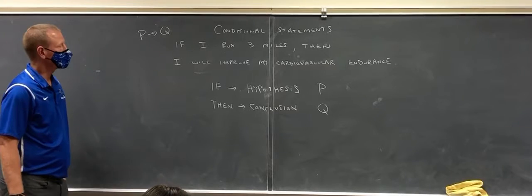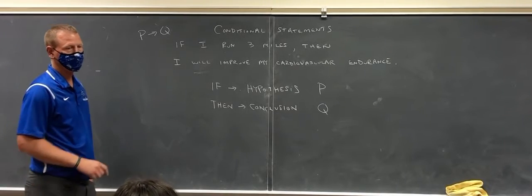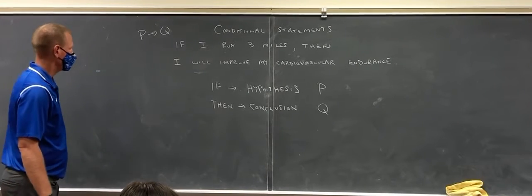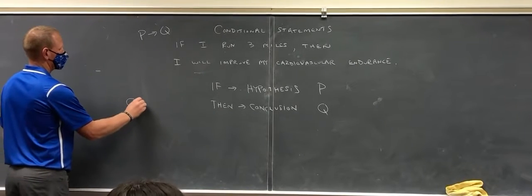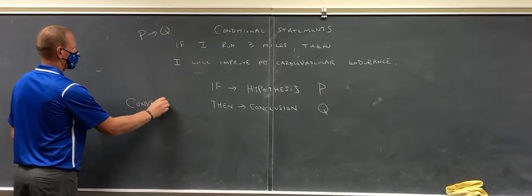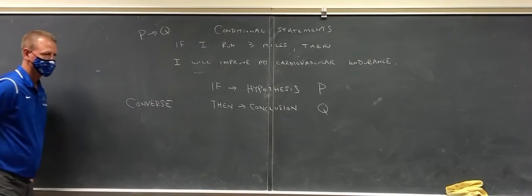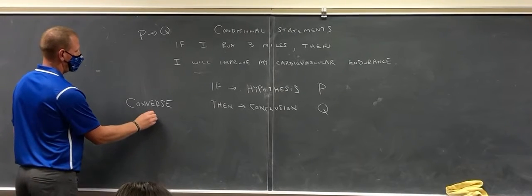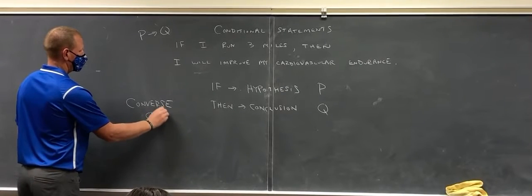All right, we're going to go through 3 types of statements that go along with our conditional statement. The first one is called the converse. The converse is simply if Q, then P.